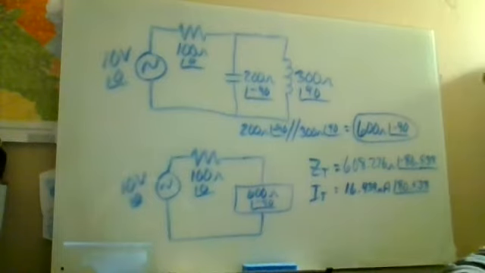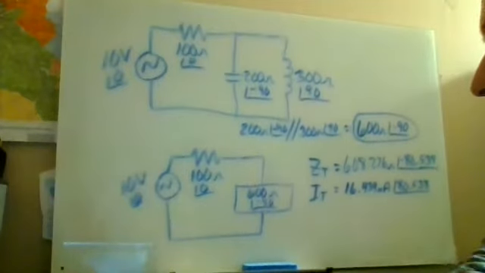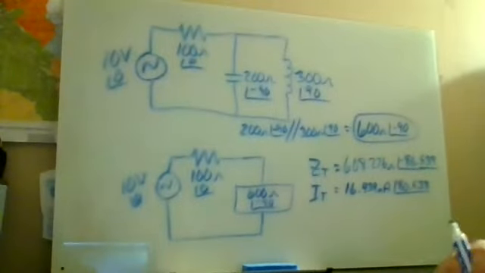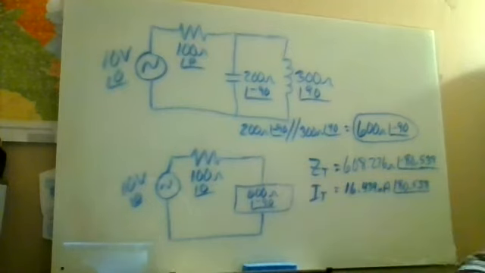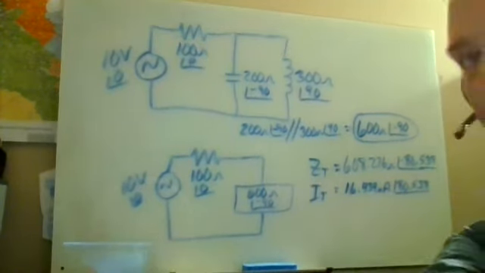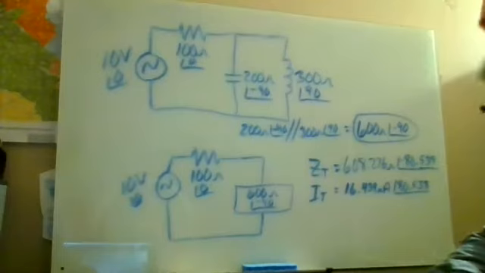So somebody find me the voltage drop over the resistor, and somebody find the voltage drop over the capacitor. Either I times Z, or my voltage divider, whichever you prefer to use.